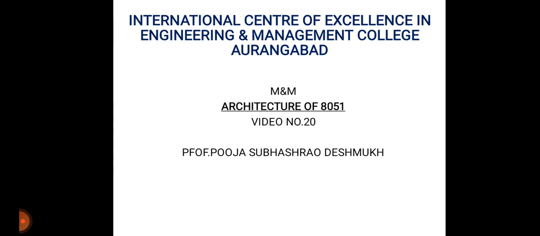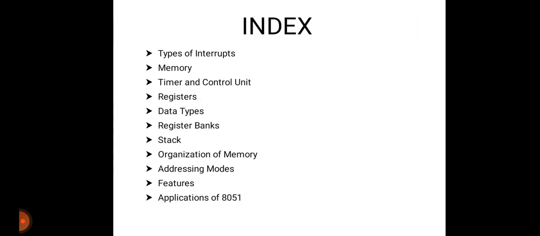In the last lecture we studied the basic things related to microcontroller 8051: the history of microcontrollers, their evolution, and the basic differences between microprocessor and microcontroller with different parameters.